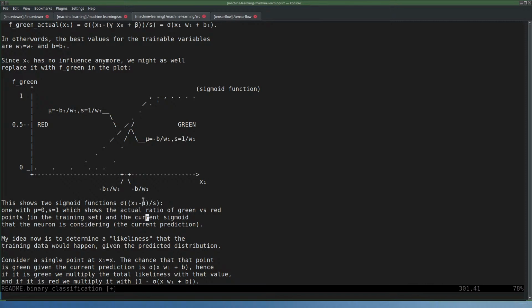So mu is the mean. In this case, it's actually the mean of the underlying logistic distribution function that I use to blur red and green half planes.